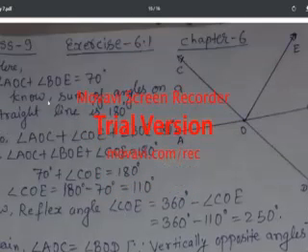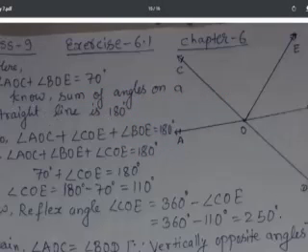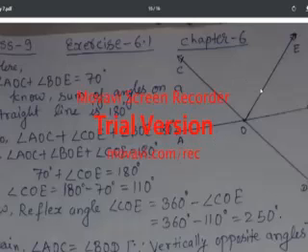So I was explaining this during online class also. What I had done, I had written angle AOC plus angle BOE is equal to 70 degrees, which is given in the question itself. We know the sum of angles on a straight line is 180 degrees, okay? All the angles formed on a straight line have an angle sum of 180 degrees. So angle AOC plus angle COE plus angle BOE is equal to 180 degrees.